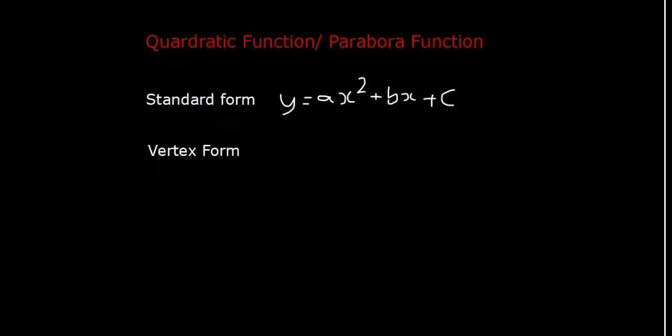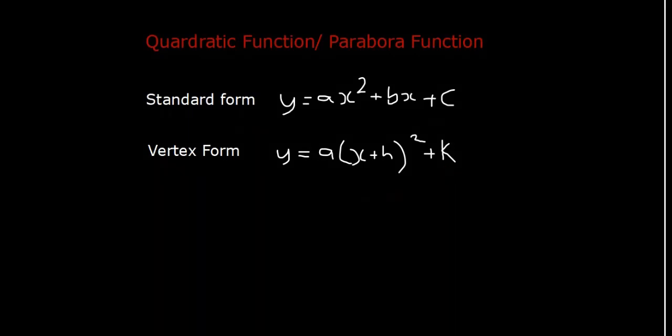And then our vertex form will be y equals a, open the bracket, x plus h, all squared, plus k, where h is the value of x in the vertex point and k is the value of y in the vertex point. Those are the two equations for solving quadratic or parabola function problems.